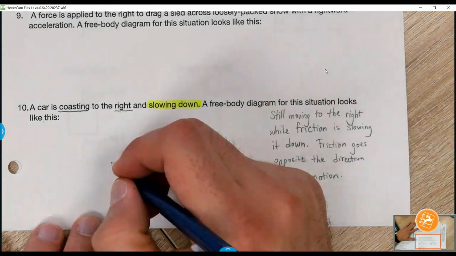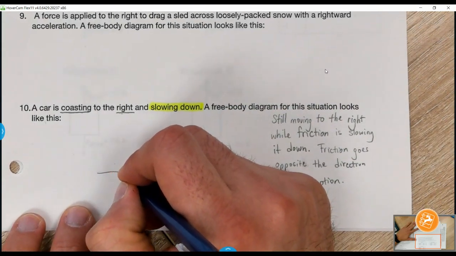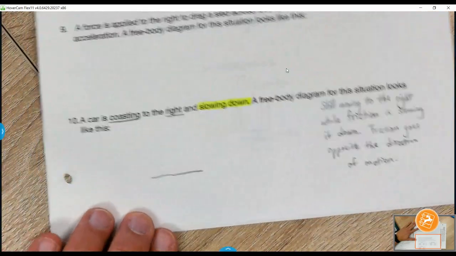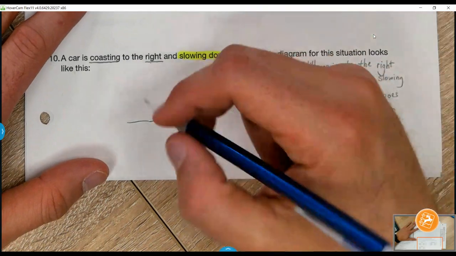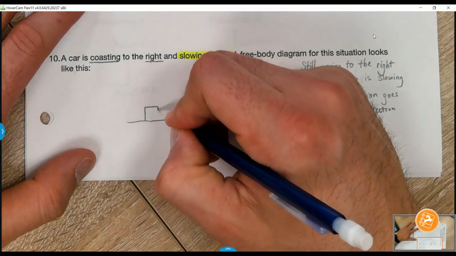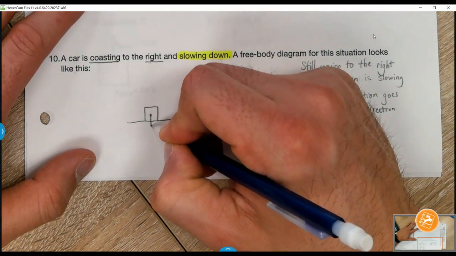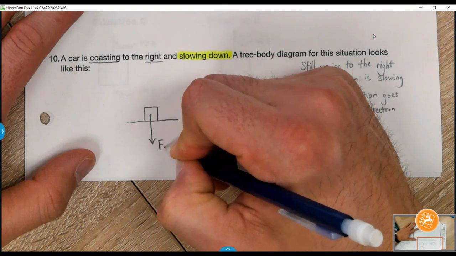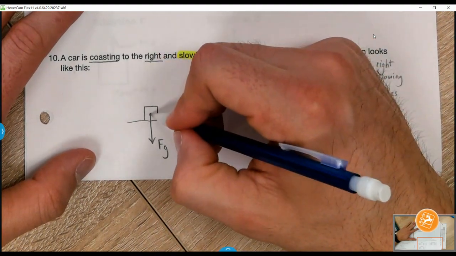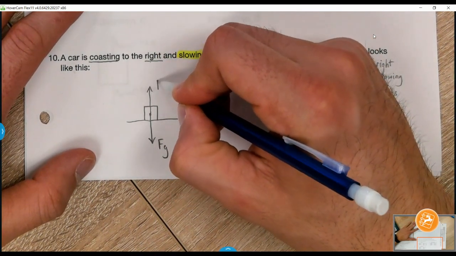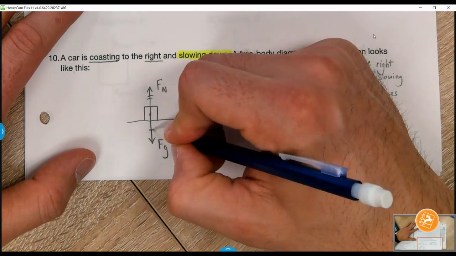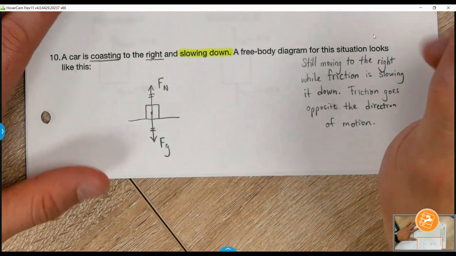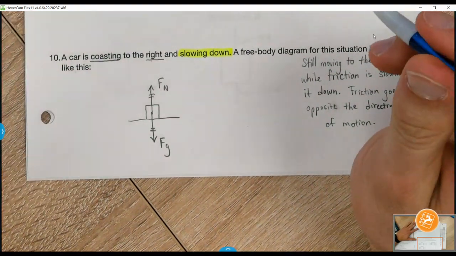Okay. So we have a car on a road. What vector do we always draw in? FG, our weight. It's not moving up or down. And it's on a surface, so normal force, gravitational force, okay, balanced.